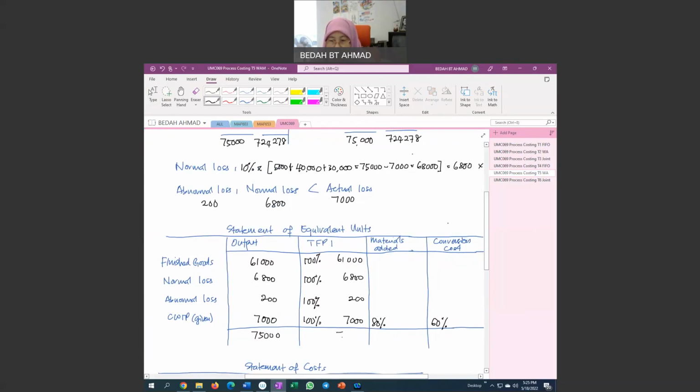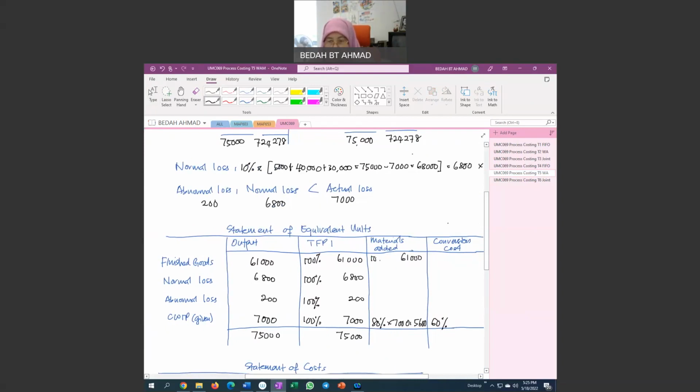So it will be 75,000 for the transfer from process one. For the materials added, this one is 80% out of 7,000, so it is 5,600. Okay, the rest is 100%, 61,000.